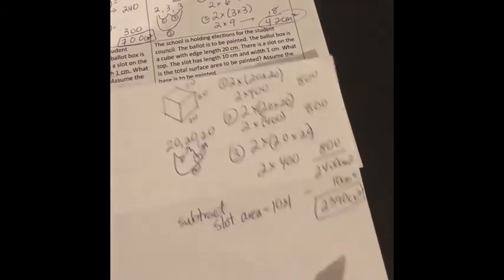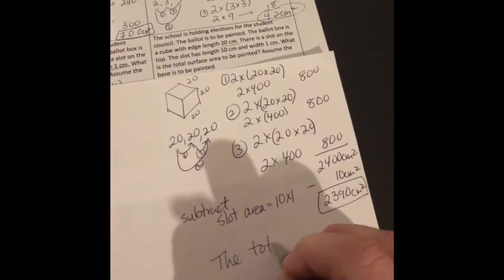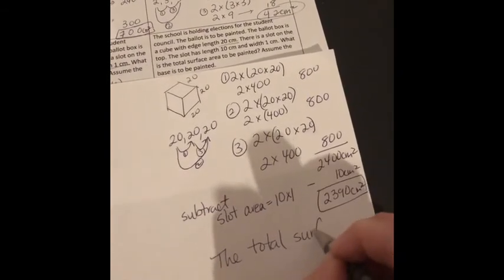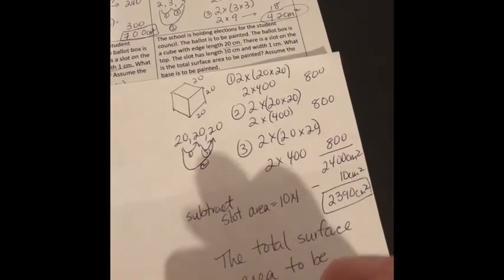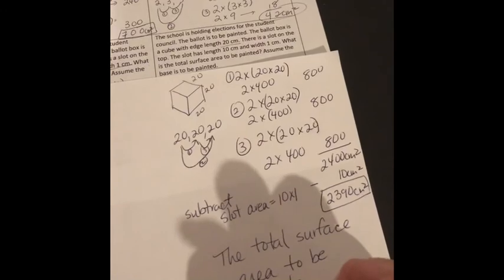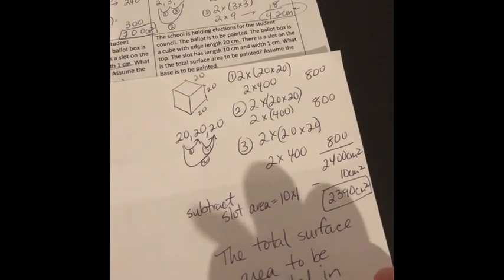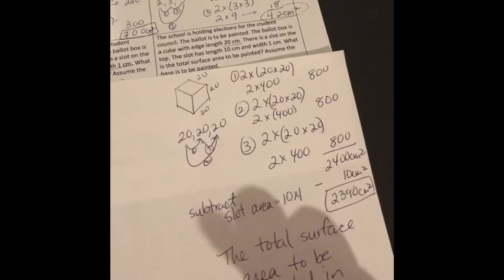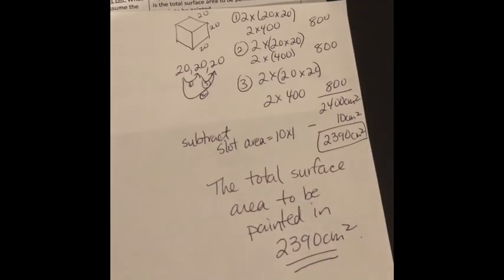And that would be the surface area to paint it. So the total surface area to be painted is 2,390 centimeters squared. That would be the sentence.